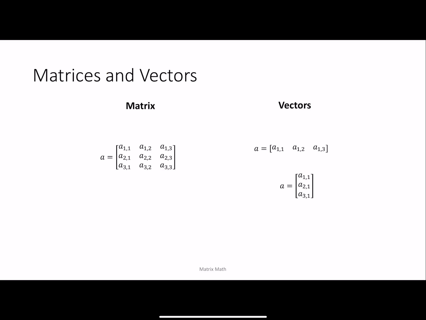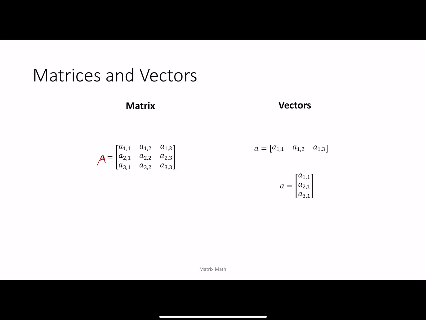So now let's move on to matrices and talk about the differences between a matrix and a vector. When we hear the word matrix, typically this means an array, an array with entries in both the horizontal and the vertical direction. So we have here a matrix A. Typically we write matrices with a capital letter, so I'm going to do that here as well.